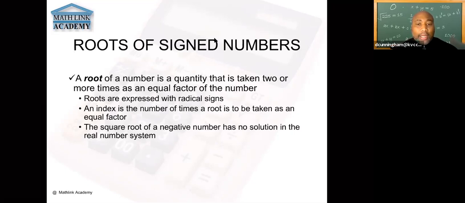An index is the number of times a root is to be taken as an equal factor. The square root of a negative number has no solution in the real number system. So that's key right there. So let's look at some examples of how to do roots.